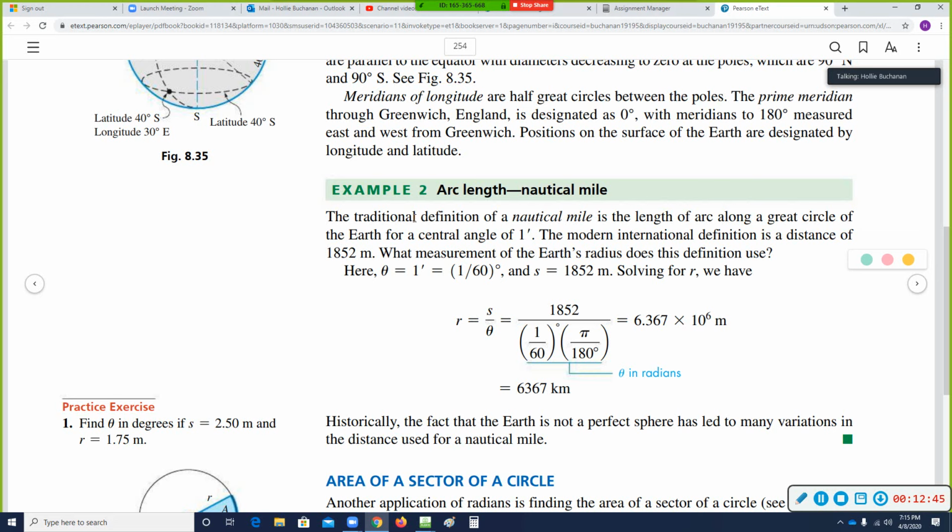So this is the traditional definition, and this is the modern definition. And the question is, if those are the same thing, what are they assuming for the radius of the Earth?